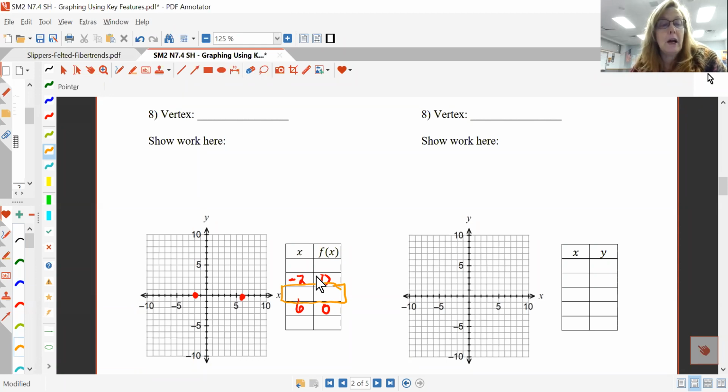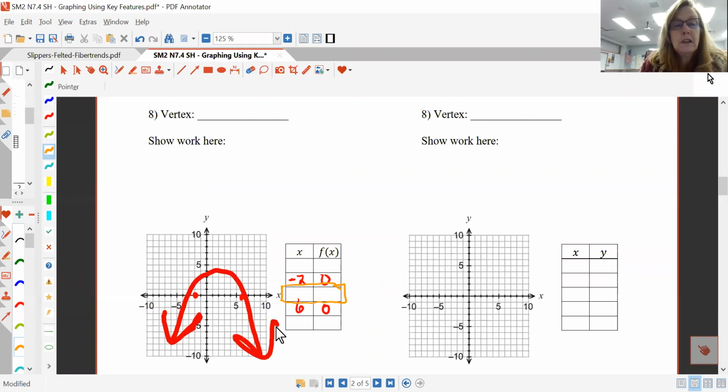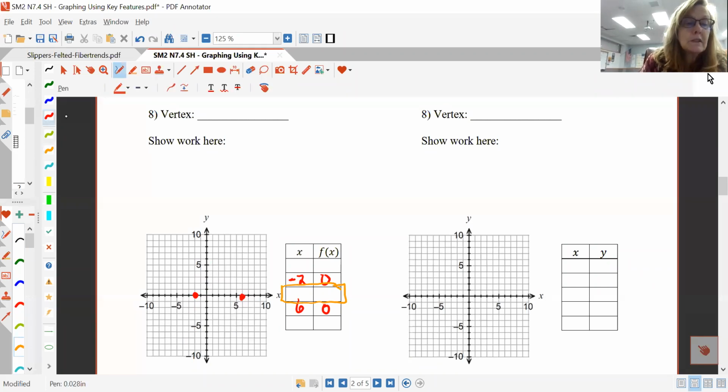Okay. All right, so that is my x-intercepts. Here's what I know. I know that if this is a parabola, this parabola has to be going something like that, okay? So basically, my vertex has to be in the middle, because otherwise, how can I get my parabola to go down correctly? Because these two points, (-2, 0) and (6, 0), are matched points.